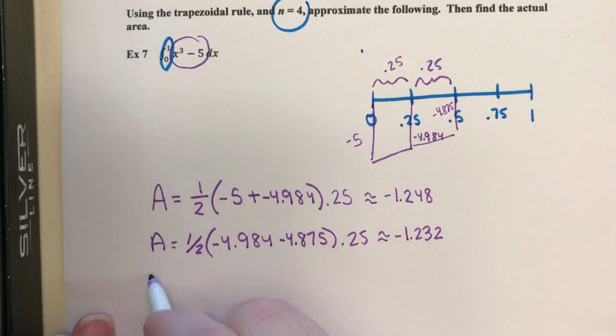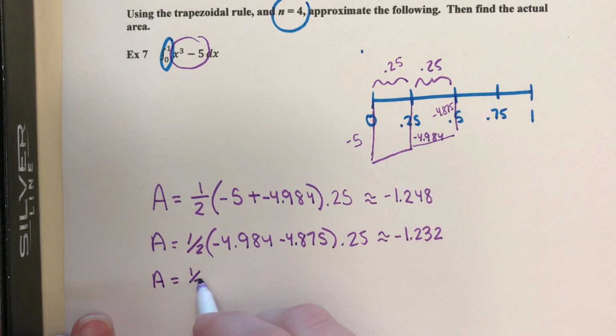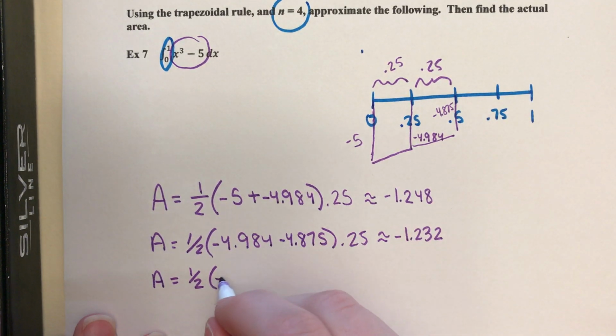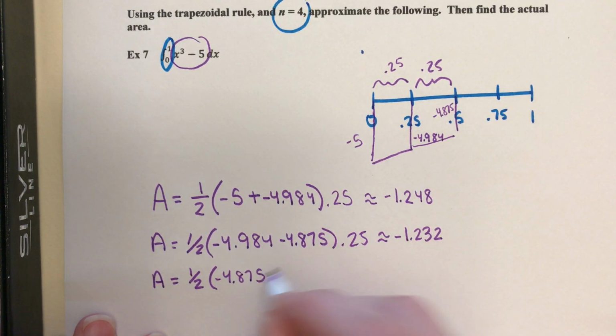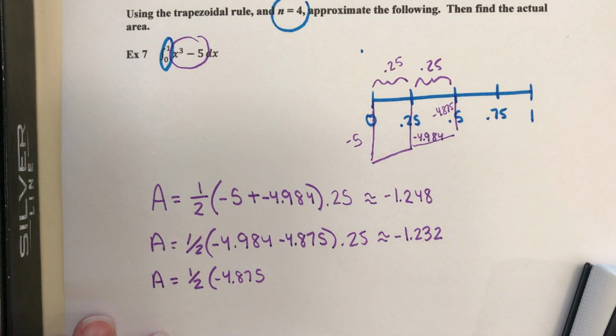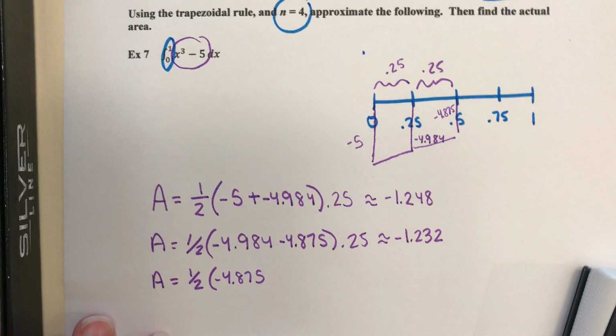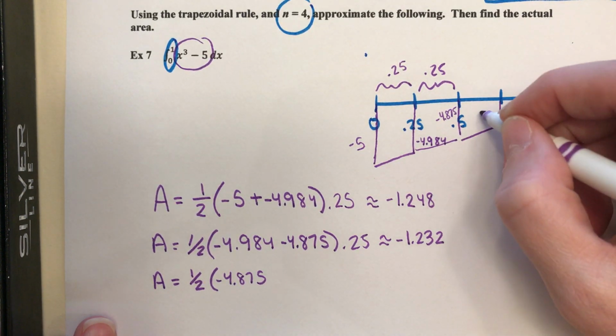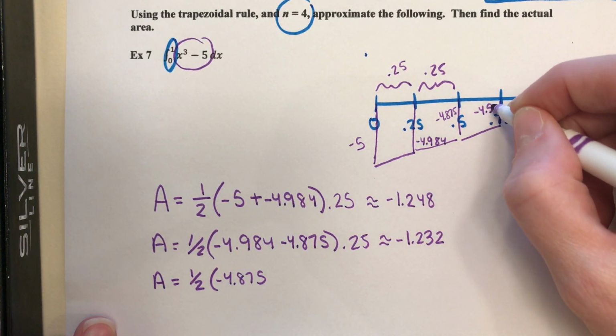Okay, my third trapezoid. 1/2. I've got my first base, my first side is -4.875. Now I need my second height, so I'm going to get my height at 0.75. That gives me -4.578.